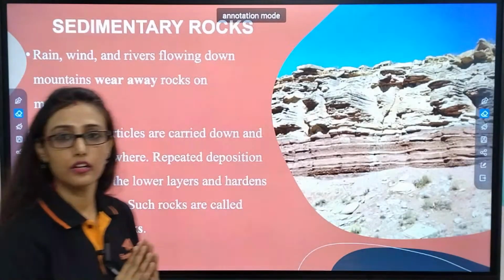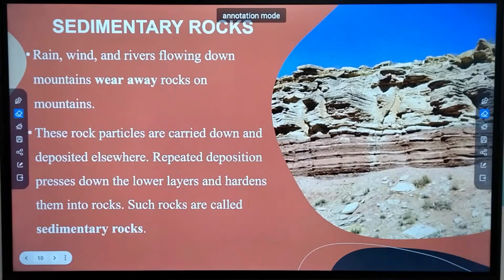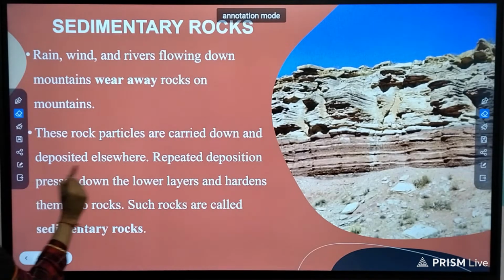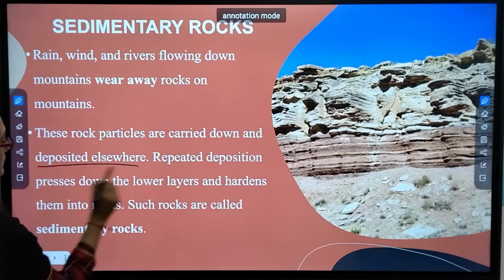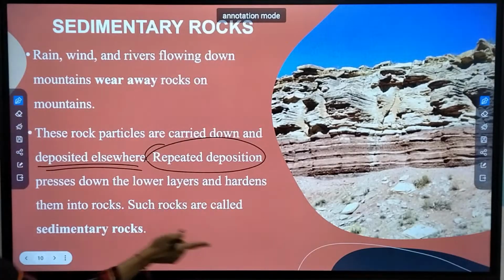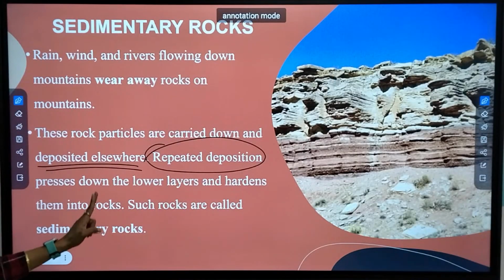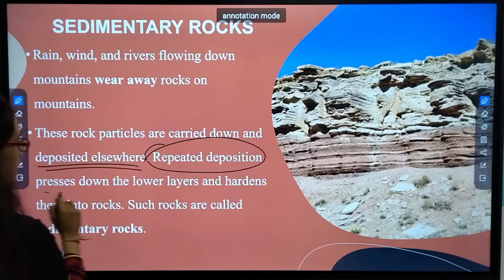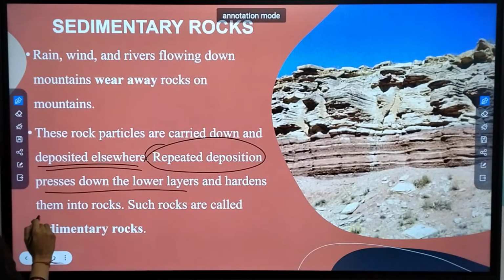So this is the process by which sedimentary rocks are formed by deposition of sediment under very high temperature and pressure. Now let's read. Rain, wind and rivers flowing down from mountains wear away rocks on mountains. These rock particles are carried down and deposited elsewhere. Repeated deposition presses down the lower layer and hardens them into rocks.